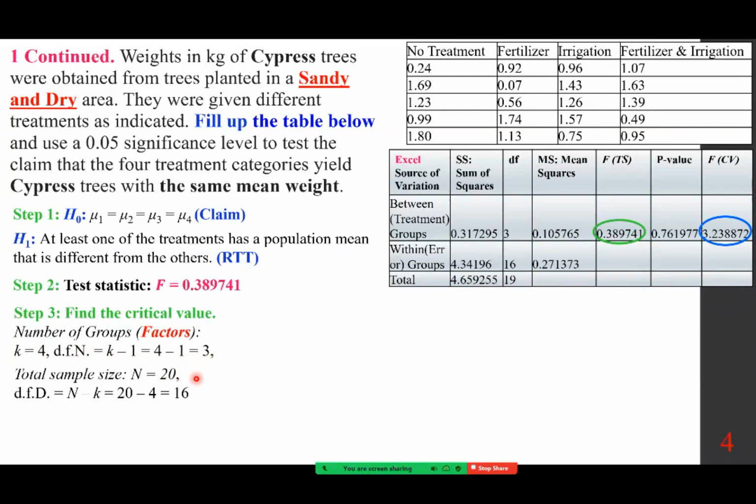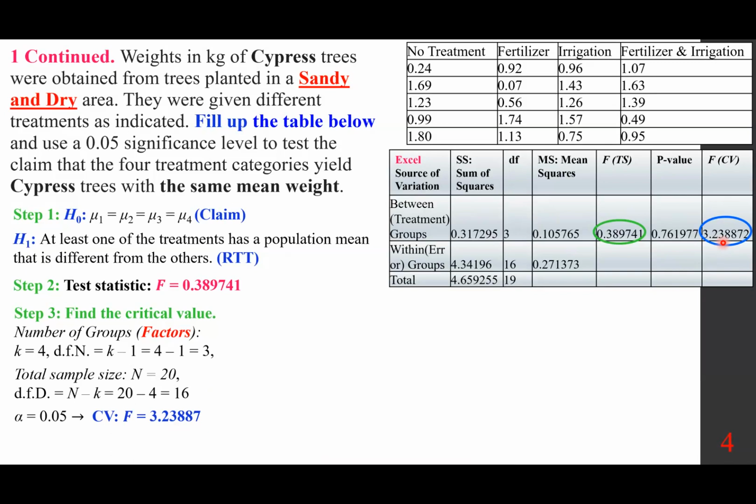Total sample size was 20 minus the number of categories, 16, so degrees of freedom of the denominator is 16. And if you look this up from the table, you get the same answer. So from the table, or from the calculation we did before, or from technology makes no difference.